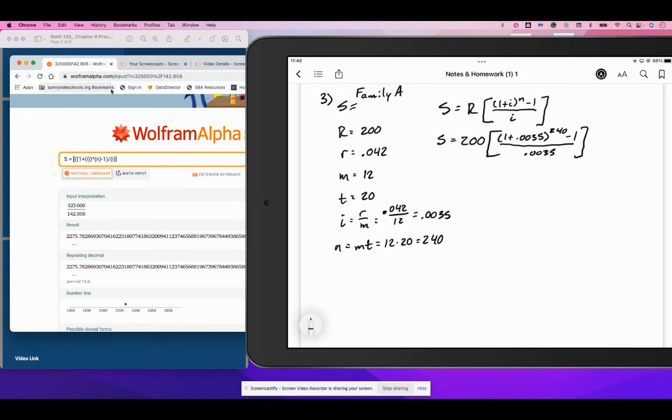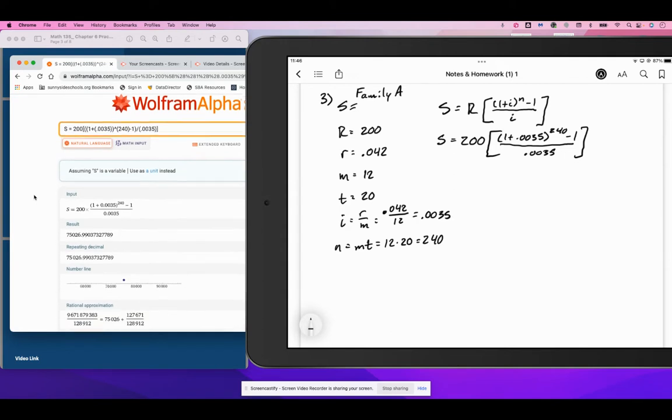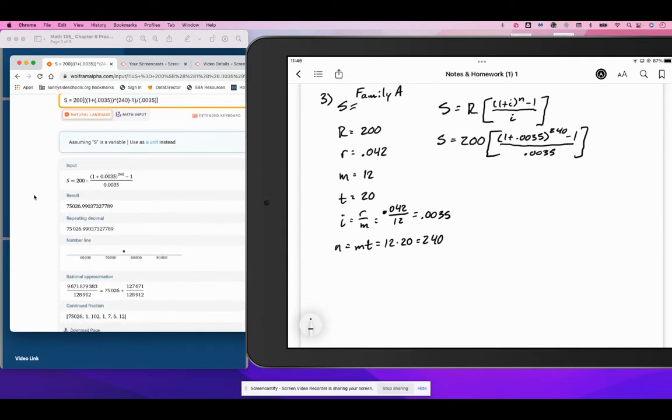So they are going to be putting away $200 a month. I is going to be 0.0035. N is 240. And again, I is 0.0035. So this is going to grow in 20 years to be $75,026.99.